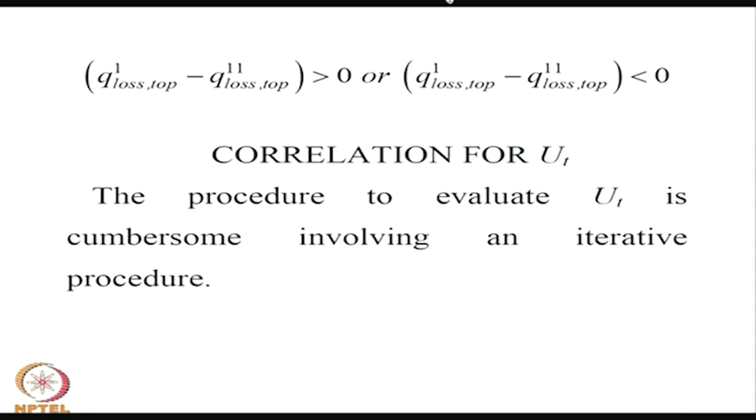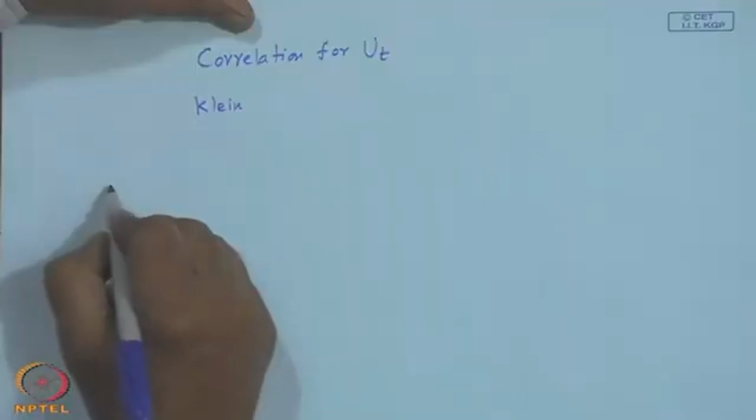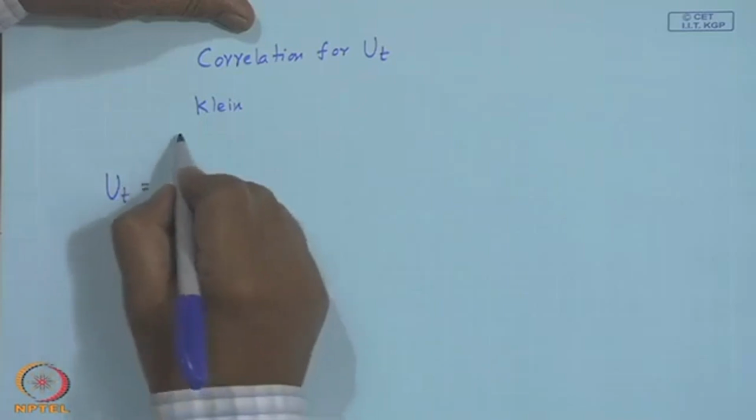The iterative procedure may be called cumbersome, and particularly the heat transfer coefficients involved are free convective heat transfer coefficients, which also depend on the temperature. Though in this particular instance, we assume we use the current H p C 1 or H C 1 C 2. So, this is a long expression for U t. I shall write it down so that you can also note it down.